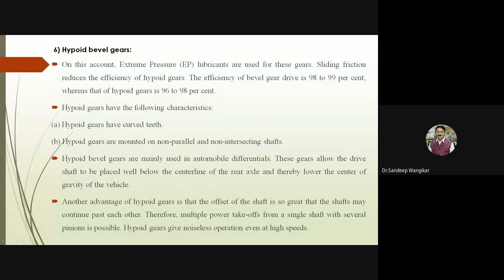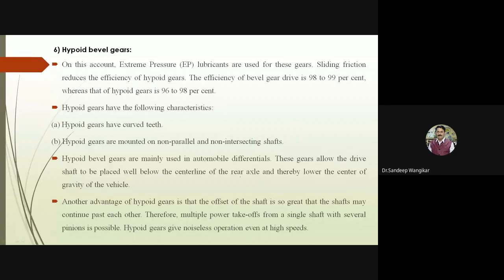We have seen the straight bevel gears have straight teeth; hypoid bevel gears have curved or spiral teeth. Then the hypoid gears are mounted on non-parallel, non-intersecting shafts. This also, and there is the offset that we have also discussed. This non-parallel, non-intersecting shaft, this also we have discussed.